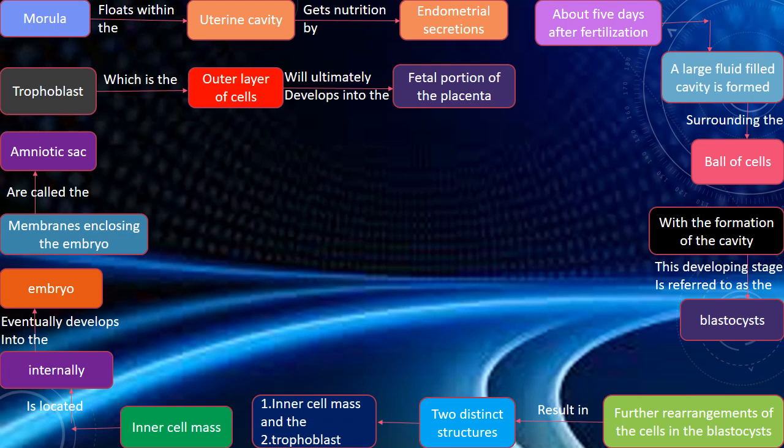Membranes enclosing the embryo are called the amniotic sac. The trophoblast, which is the outer layer of cells, will ultimately develop into the fetal portion of the placenta.